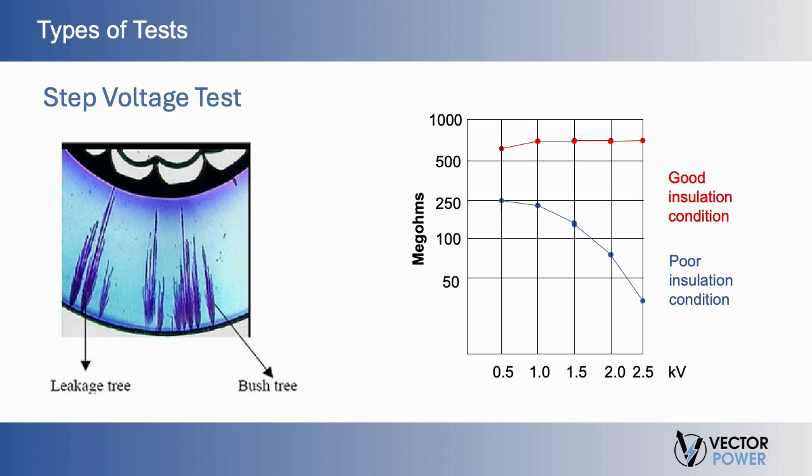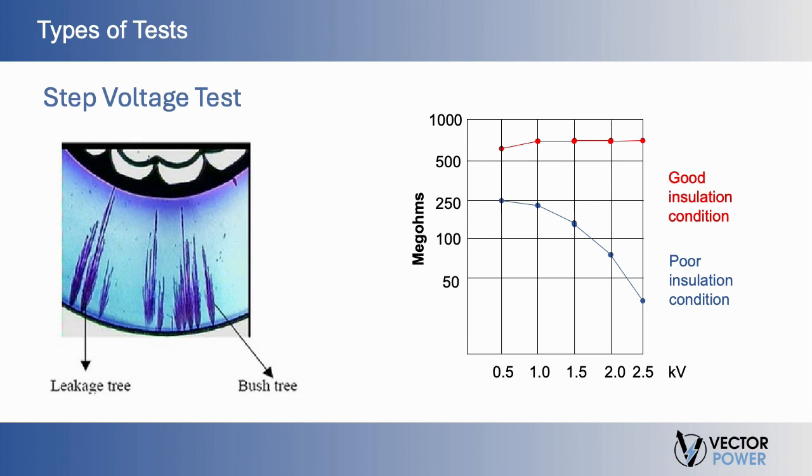These defects might be unobserved at low test voltages, say 500 volts or 1000 volts. Still, as the voltage rises, we reach a point where ionization can occur within cracks or cavities, increasing current and therefore reducing the insulation resistance.